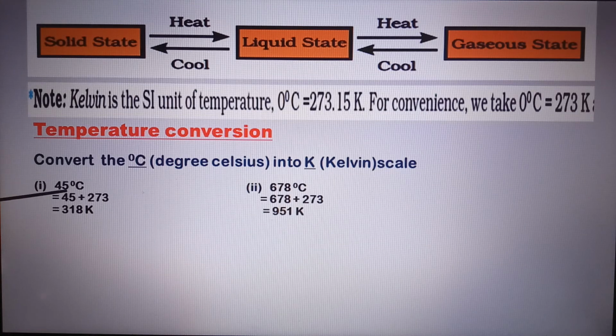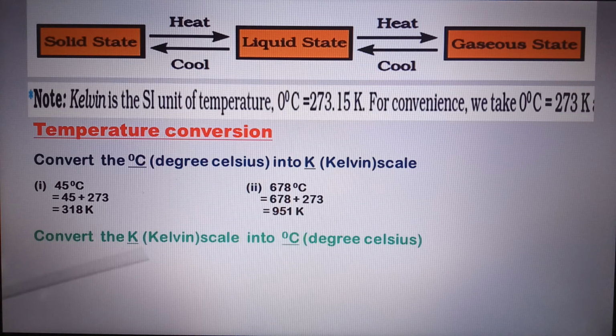Hence, for converting Celsius to Kelvin, you add 273. In this case, we are adding 273 to 678 degrees Celsius. Hence, in the Kelvin scale, the temperature will be 951 Kelvin.